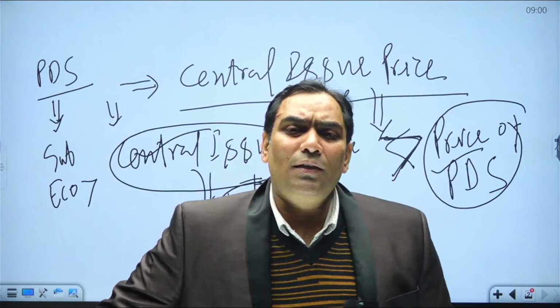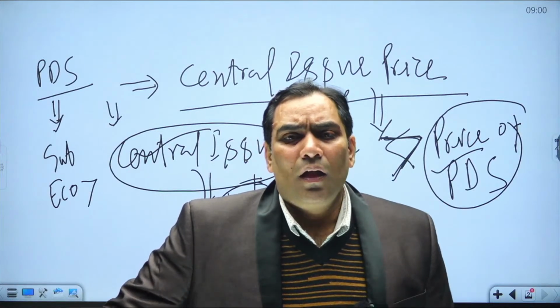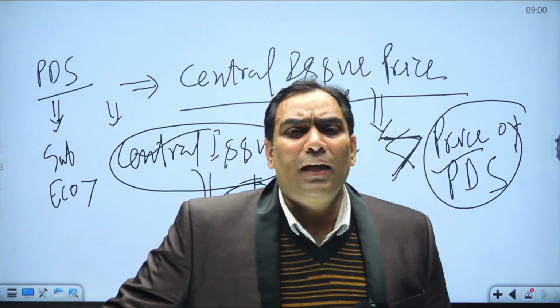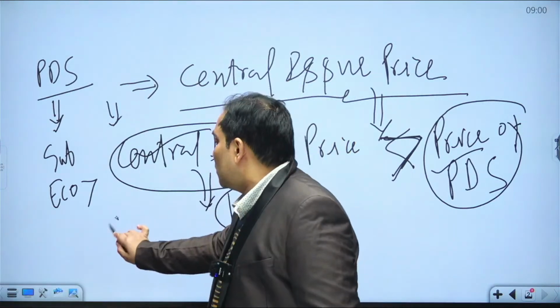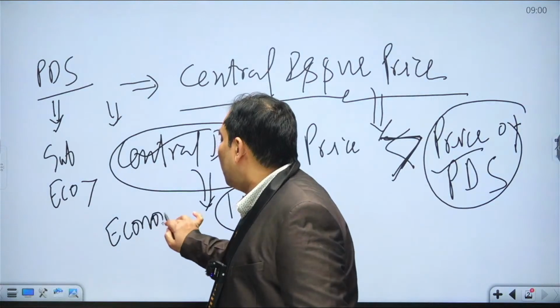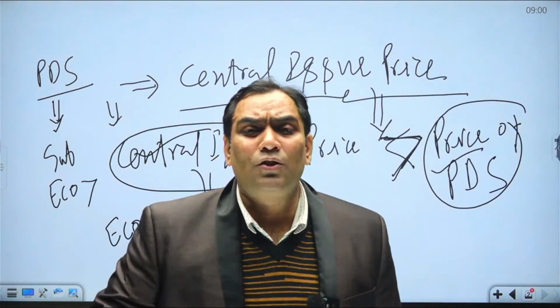So whatever price at which the FCI procures, transports and stores is known as the economic cost of food grains for ensuring PDS.